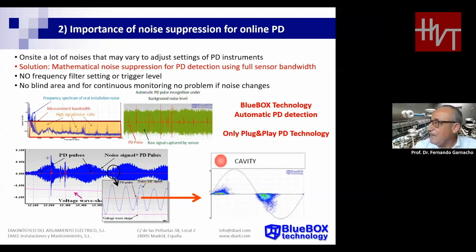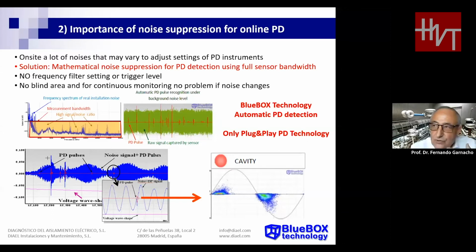We don't need to choose any trigger level. It's totally automatic because the method consists of measuring in all bands between several hundred kilohertz to 25 megahertz. In this bandwidth, we measure all signals, noise and pulses.